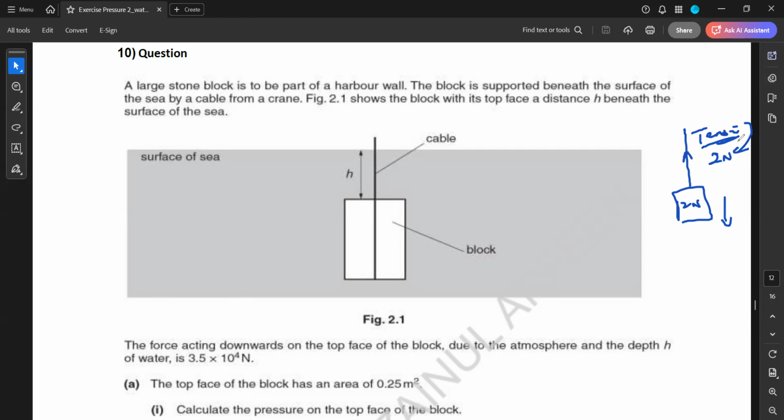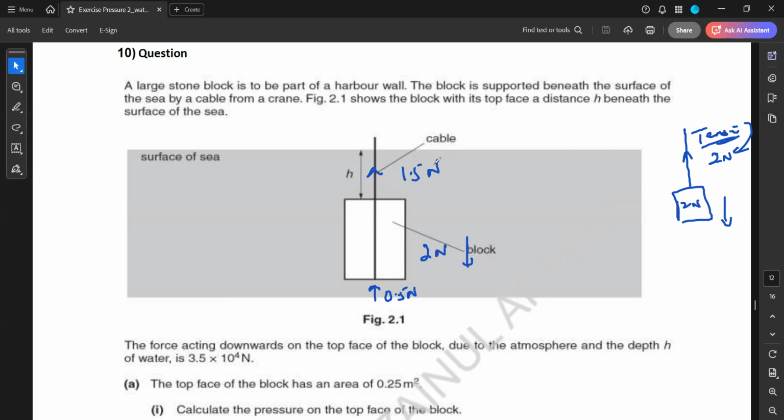When the object is underwater, the water also exerts a force called an upthrust. So if the weight of the block is 2 newtons acting downward, and the upthrust is 0.5 newtons, how much force should I apply using a string? The minimum force is 1.5 newtons. So when objects are underwater, the water exerts an upward force, or upthrust.